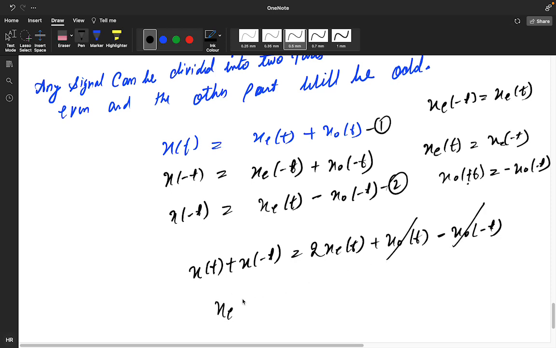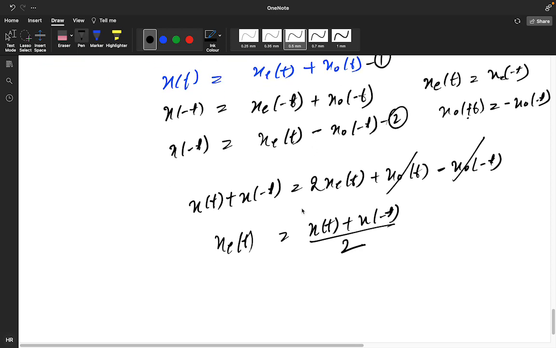So what is the even signal you are getting? x of t plus x of minus t divided by 2. And when you do subtraction, you will get the odd signal, which will be x of t minus x of minus t divided by 2.